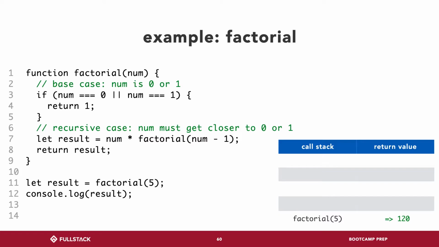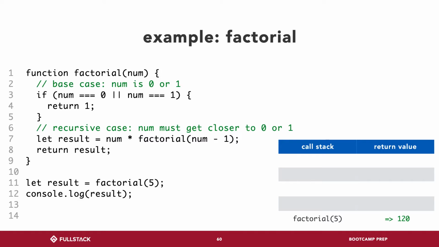Well, we can't return 0, right? Because 0 times anything is 0. So if we return 0, that would be wrong, right? Oh, okay, yeah. We don't want the actual number that was called. We just want its factorial value. And we know that the factorial value of 0 and 1 is 1.